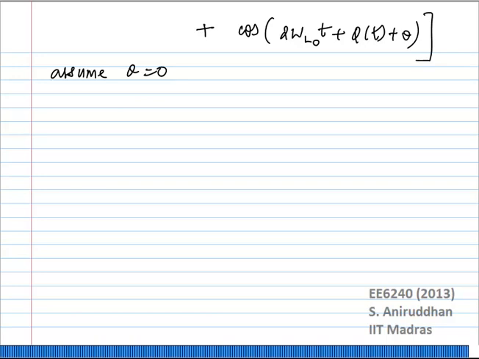So first we'll assume that theta is 0, see what happens. Actually, so far in all our calculations, in the mixer and so on, we've been assuming theta is 0. Right? So let us first assume theta is 0, do what we did, then we'll see what happens otherwise. So if you look at after low pass filtering, you get half A of t cos phi of t.